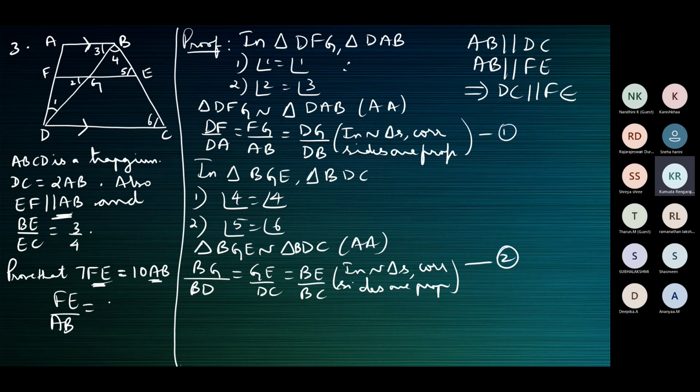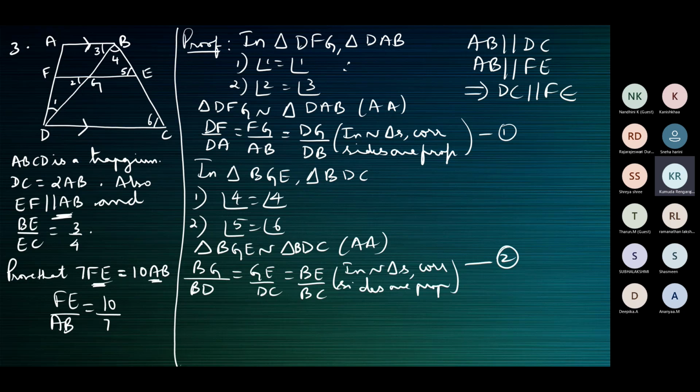What is FE by AB, children, from this one? 10 by 7 or 7 by 10? 10 by 7. Correct. This is what we should get. You must get FE by AB is equal to 10 by 7. Only then when you cross multiply, you'll get 7 times FE is equal to 10 times AB.